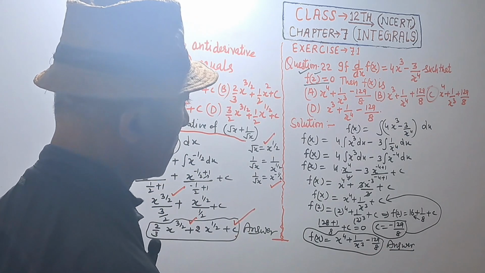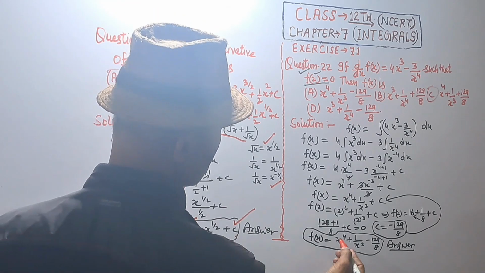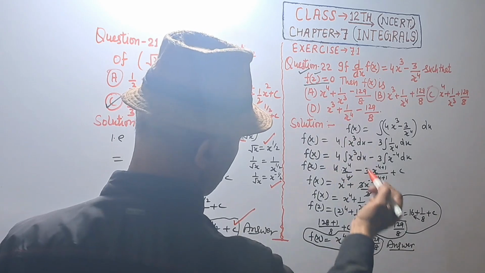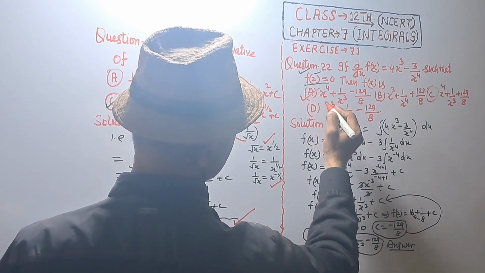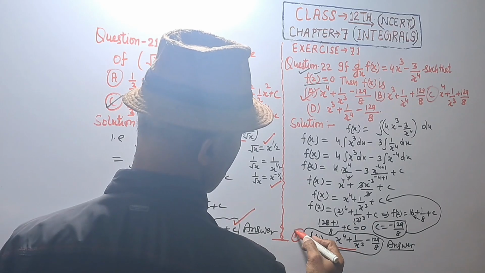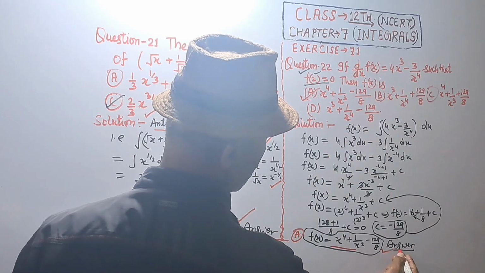Answer. That is in option A, x to the 4 plus 1 upon x cube minus 129 upon 8.